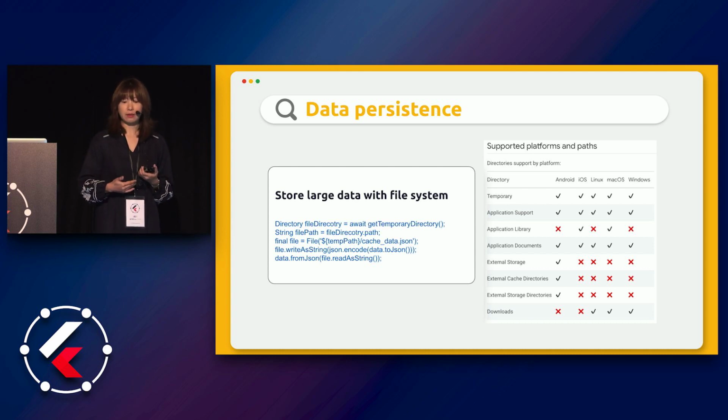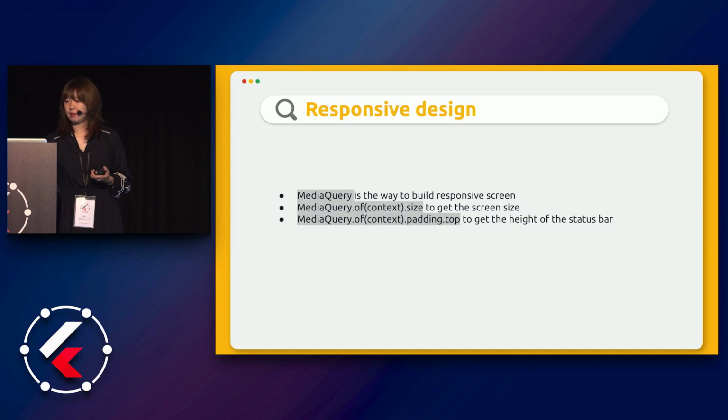But when it comes to desktop at the moment, there is some storage that isn't available, like external storage, some caching, and some of the application libraries. But if you want to just store a file, you can always go with a temporary file system or downloads, for example. Those are available. So again, if you run into issues with your code, it might not be your code or maybe you don't have a bug. It's just that those APIs aren't available just yet.